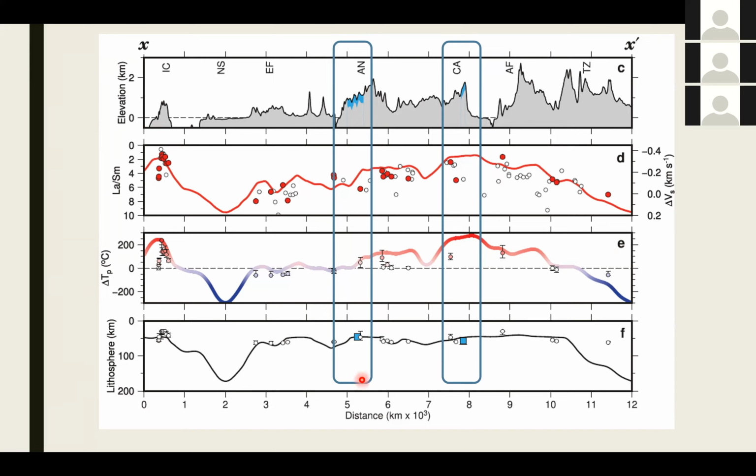These two blue squares represent the lithospheric thickness estimated from the elevation of the marine rocks, by assuming a combination of lithospheric mantle thinning.